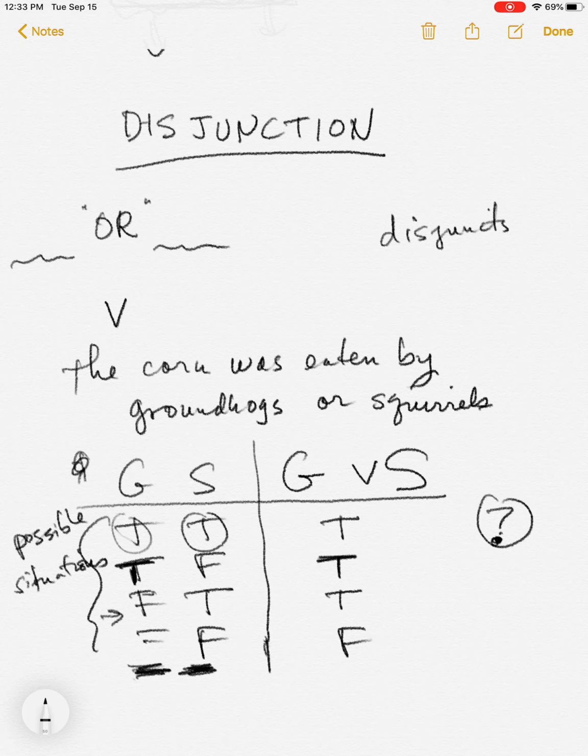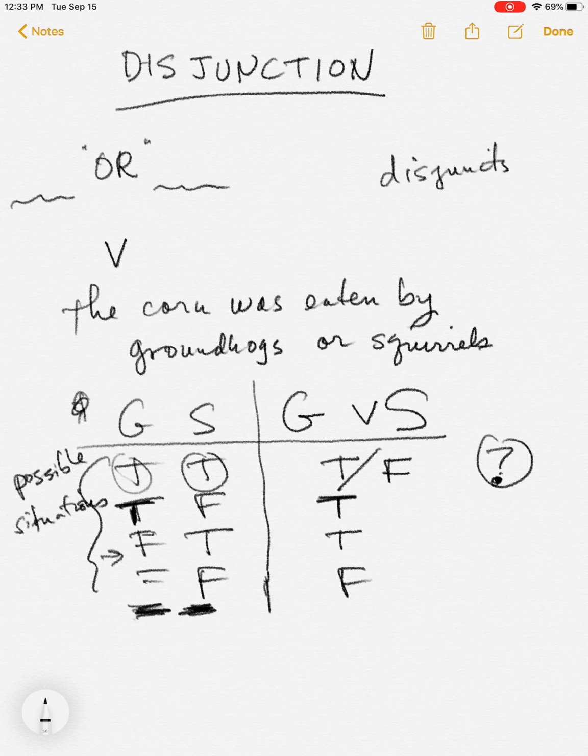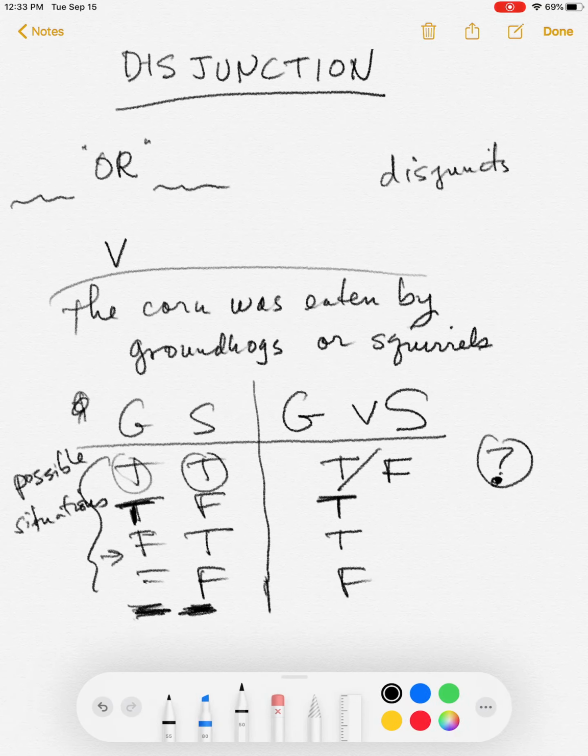Now, some of you listening to this are probably saying, you know what? No, I think that should be a false there, because what we mean by or is one or the other, but not both. And what I was trying to do with this gardening example was to come up with an example where many of you, if not all of you, would recognize, oh yeah, this, what I'm putting in blue here, is really what we mean.